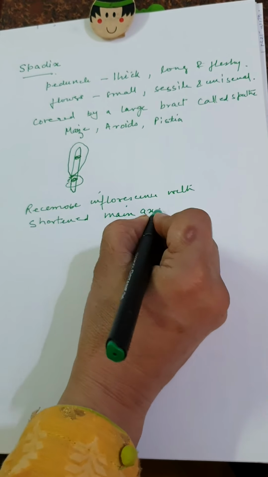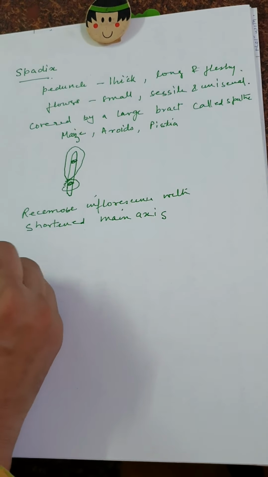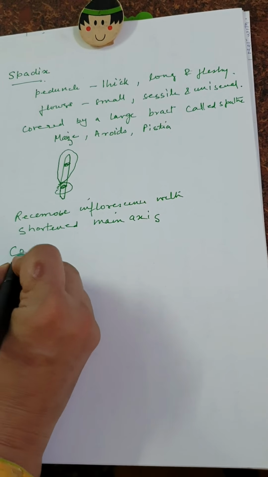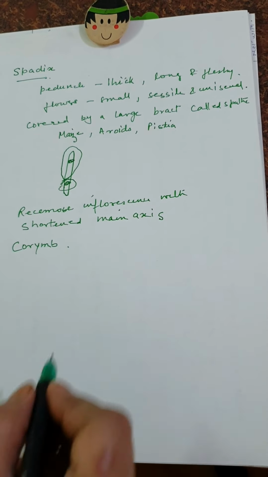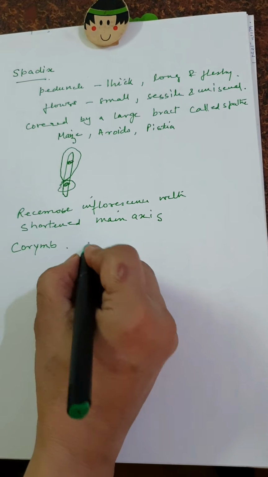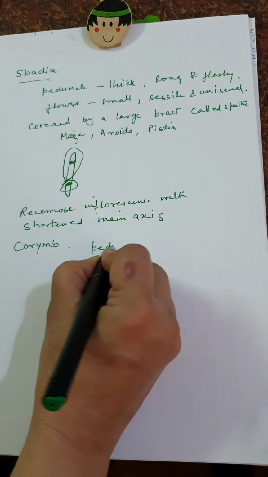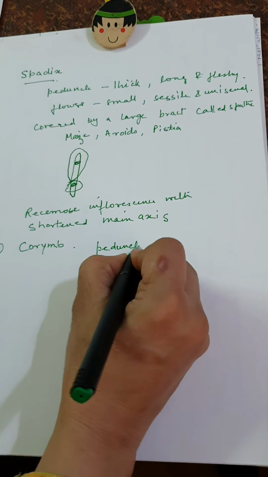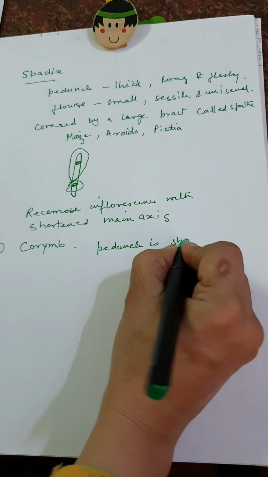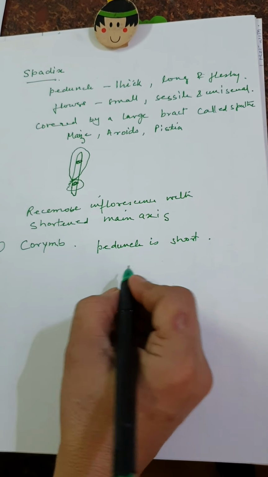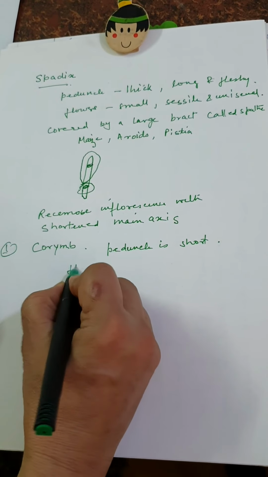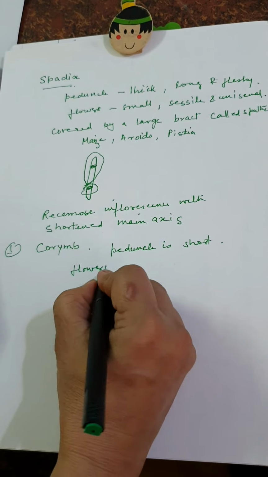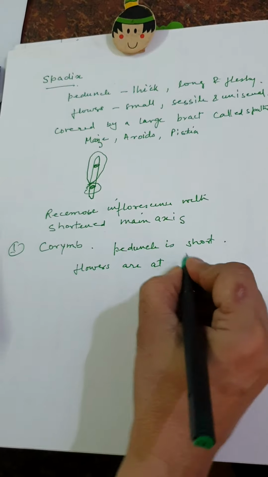First is corymb. In this type, the peduncle is short, and the flowers are at the same level.